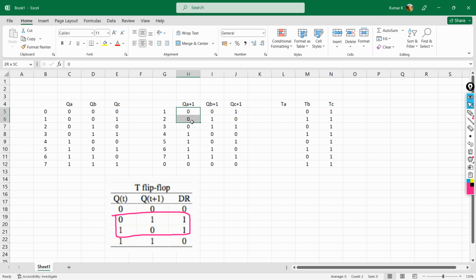Now what does this mean? This is going to be 0, and only in this case it is going to be 1. Now what about this guy? All three are 1 1, and here all three are 1 1, and then the last one is 0.